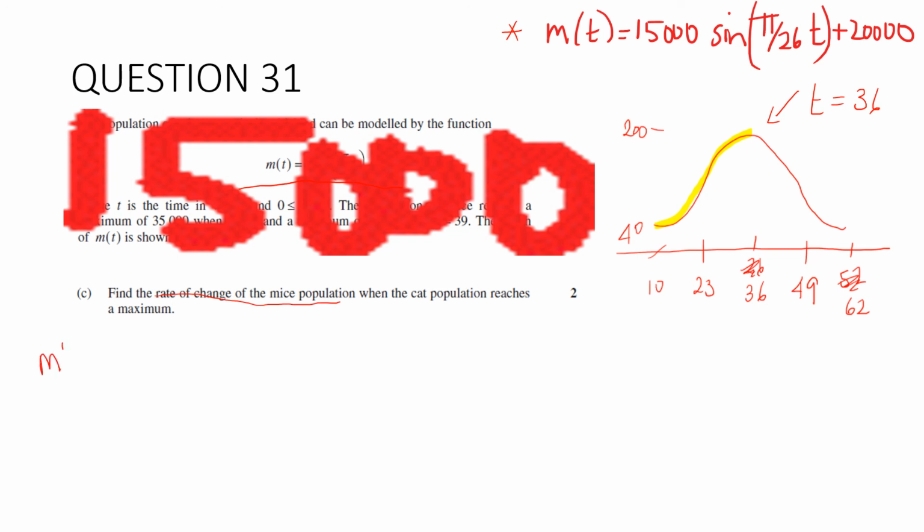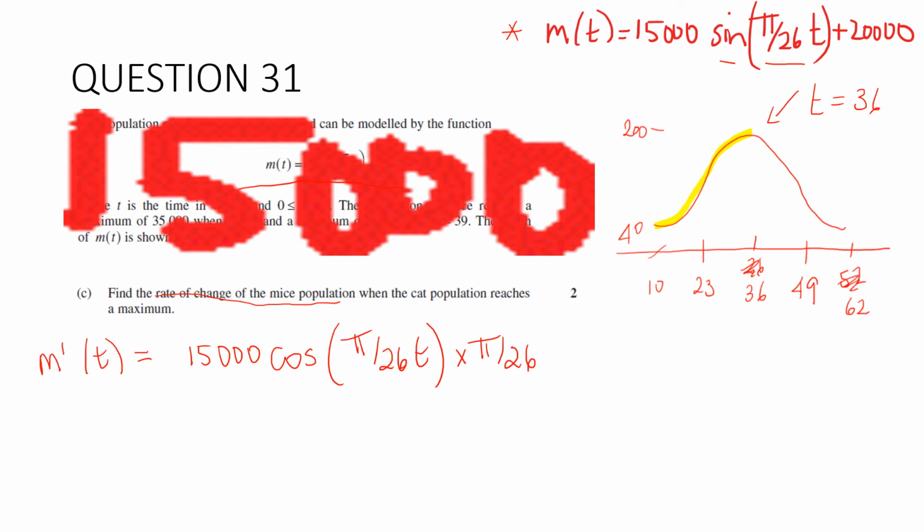So M dashed of t is equal to 15,000 sine, the derivative of sine is cos, pi on 26t, times by the derivative of the inner function, which is pi on 26, and then this plus 20,000, that'll go.